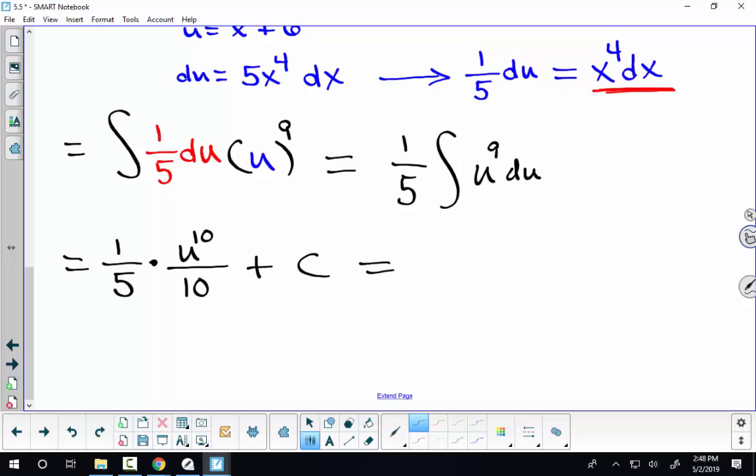So that's u to the 10th over 50, and u was what? So our final result is (x to the 5th plus 6) to the 10th over 50 plus c.